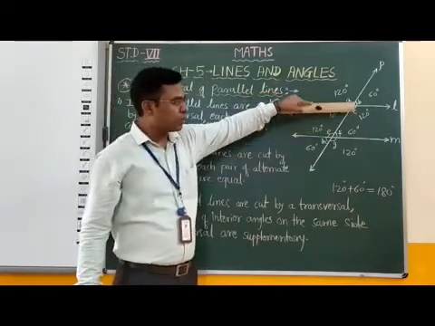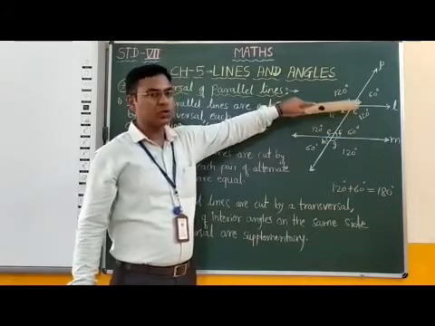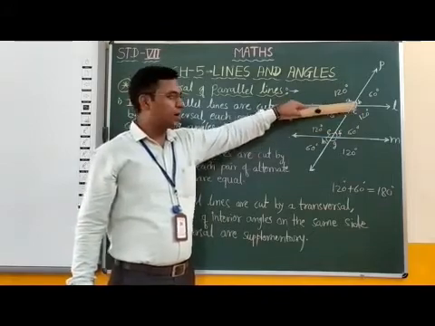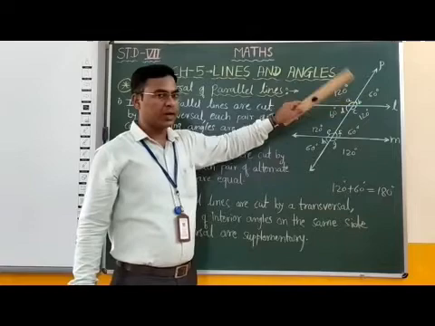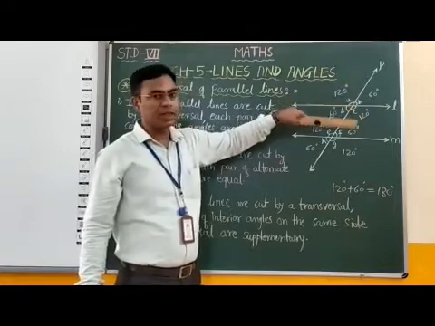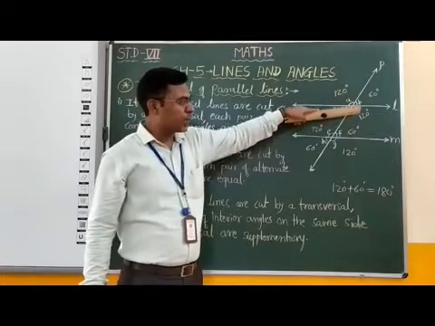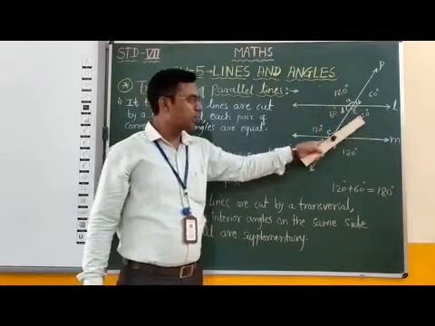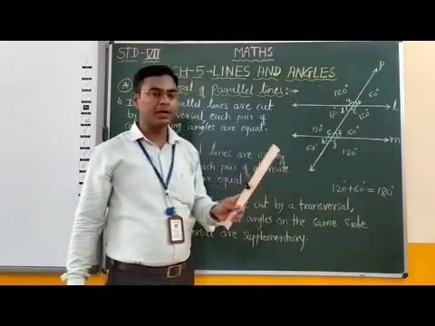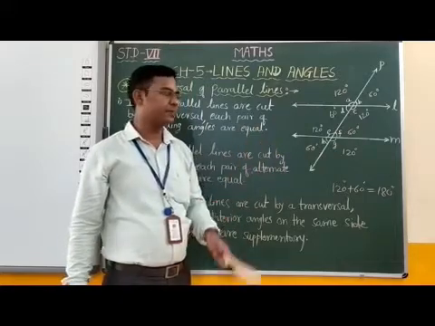Again, if you observe, these two angles are also interior angles on the same side of the transversal, and the addition of these two angles, 60 plus 120, is equal to 180, that is supplementary.